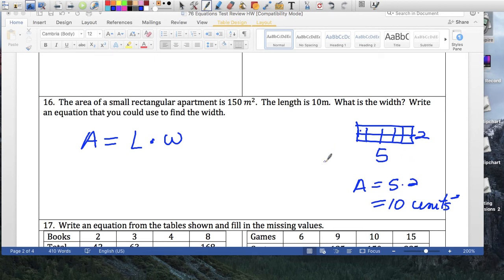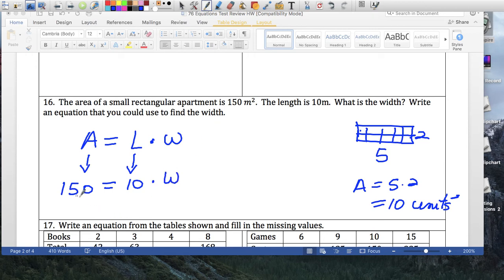10 little squares, right? So the area of a small rectangular apartment is 150. It is telling me that the area is already measured. It's 150. The length is 10. And the width is missing.